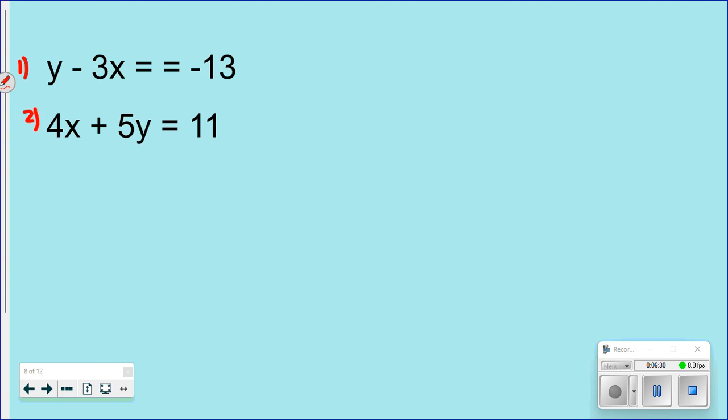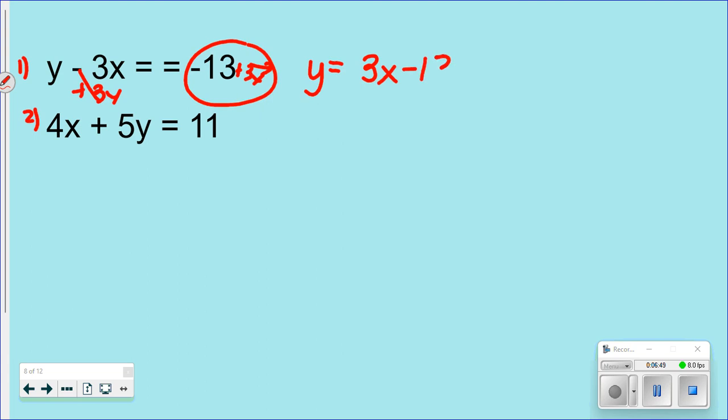The one I'm going to do is the top one because y is already by itself. So all I have to do is move that 3x over. I'm going to change this one to y equals mx plus b form by adding 3x. So it's really going to look like this: y equals, then I'm just going to flip these things around, so it'd be 3x minus 13. Okay, so first step is done. I changed one of them to y equals mx plus b.